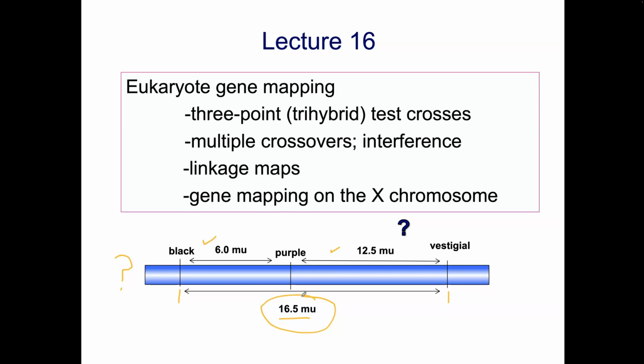And we'll talk about some other phenomena, interference and linkage maps and so on, just a little bit. And then we'll just extend to mapping genes on the X chromosome. If you do your cross right, it's pretty easy, but either way you should be able to do an accurate map on the X.